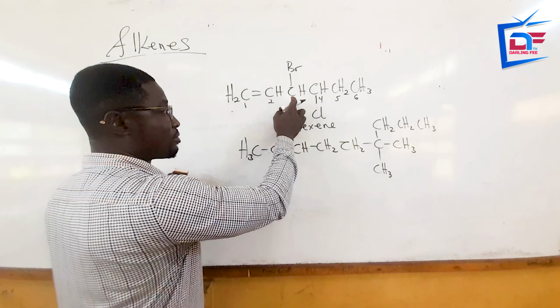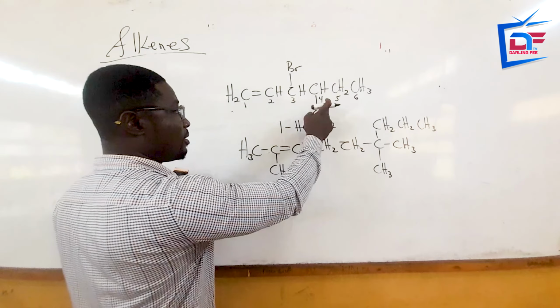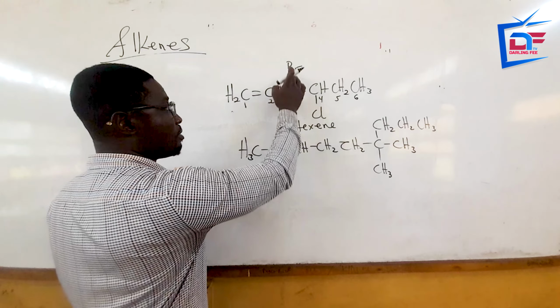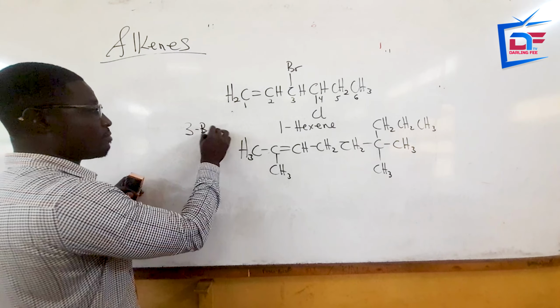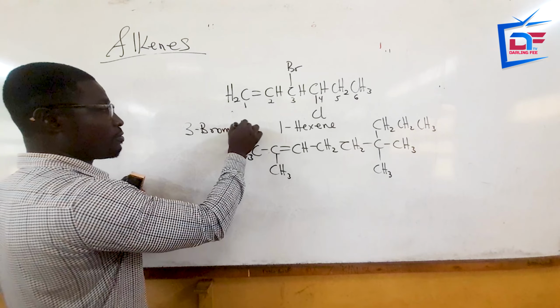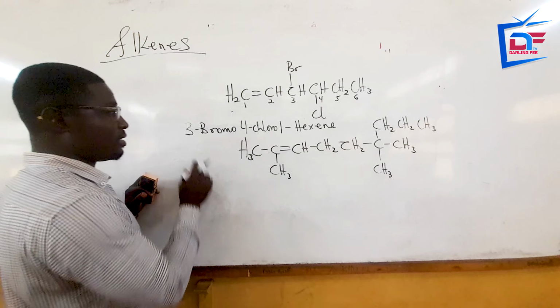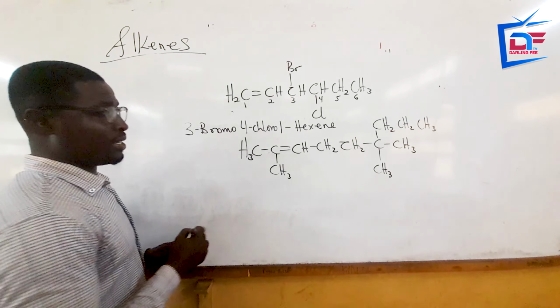Now let's look at the substituents. There is one on the third carbon, another one on the fourth carbon. But in terms of alphabetical order, B comes before C. So that is going to give us 3-bromo, 4-chloro, 1-hexene.